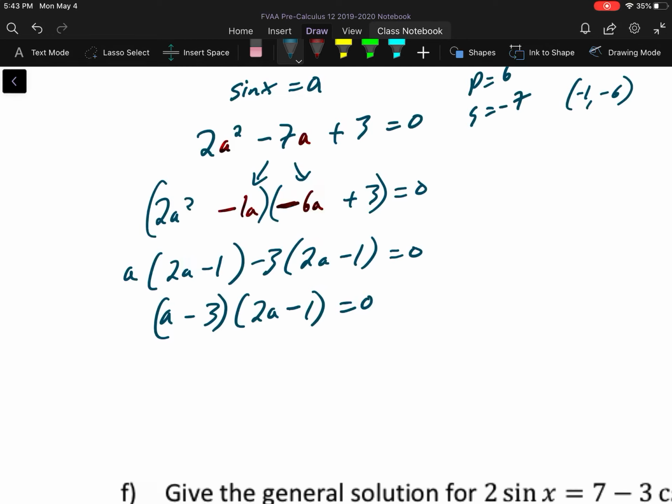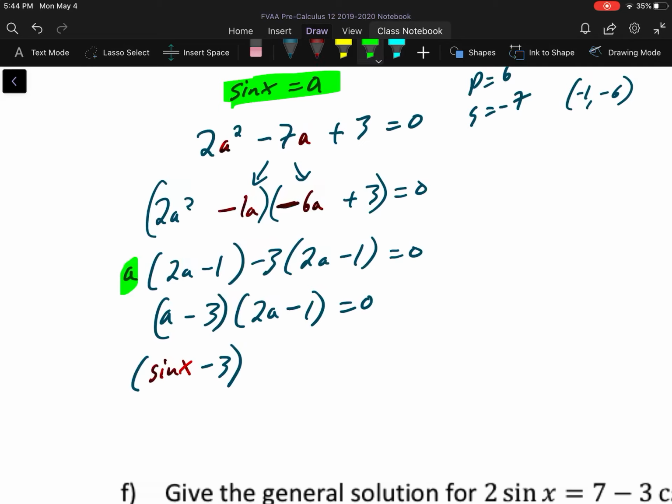And now I can resubstitute sine back into my equation, right? So I end up with sine x minus 3. Let me put that in red so that you can see the resubstitution of sine x.